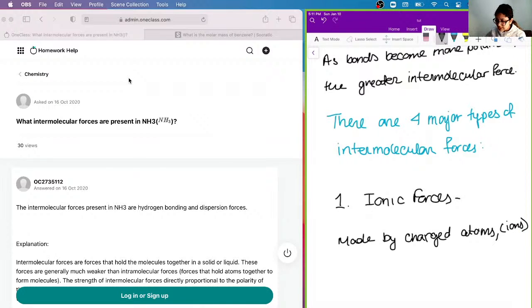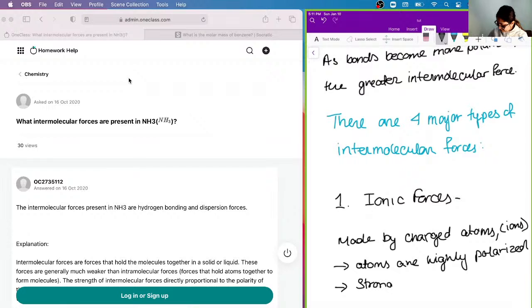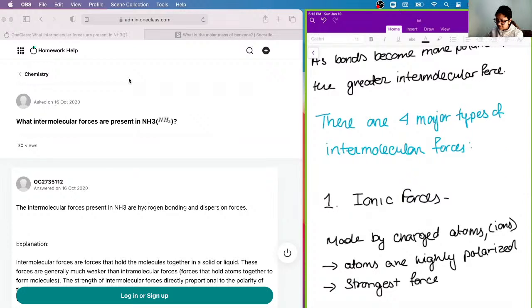The highly polarized or charged nature of ionic molecules makes ionic bonds the strongest among all the intermolecular forces.